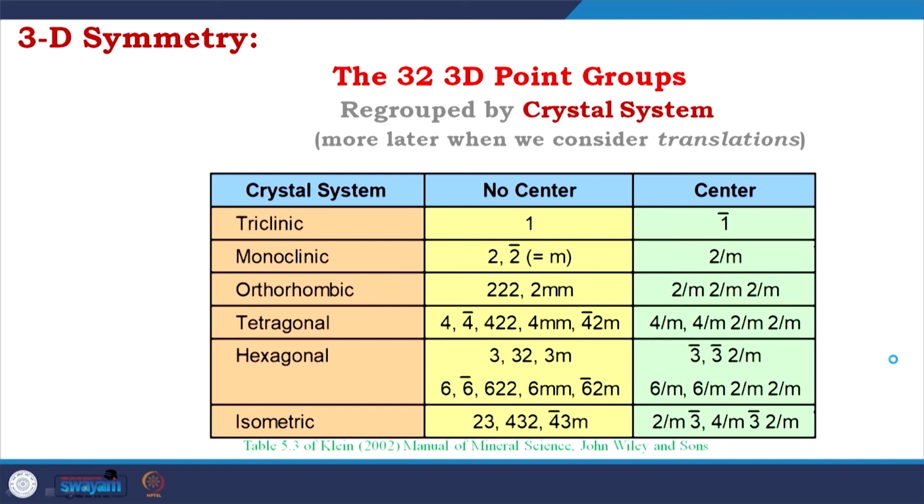Tetragonal: 4 bar, 4mm, 4 bar 2m, with center 4/m, 4/m 2/m 2/m. Hexagonal: 3m, 6 bar, 6mm, 6 bar 2m, 3 bar 2/m, 6/m, 6/m 2/m 2/m. Isometric: 23, 432, 4 bar 3m, with center 2/m 3 bar, 4/m 3 bar 2/m.